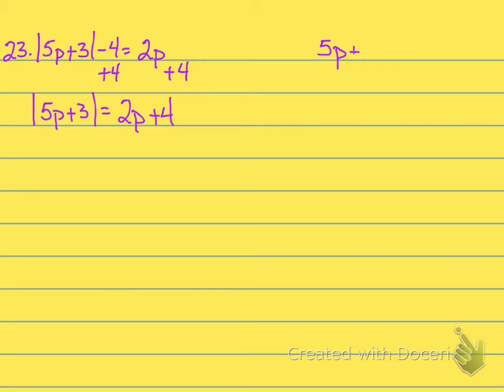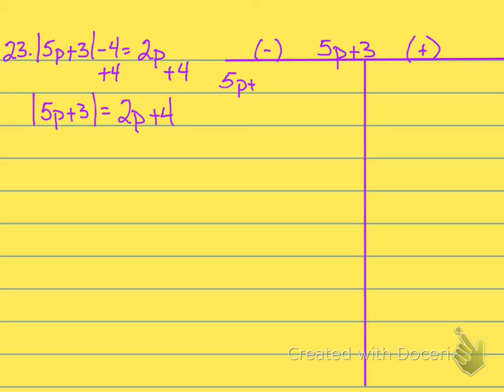Set up my t-chart. 5p plus 3 on the negative side is equal to negative 2p plus 4, which, when I distribute that negative, will change my signs in the binomial. On the positive side, I have 5p plus 3 is 2p plus 4.